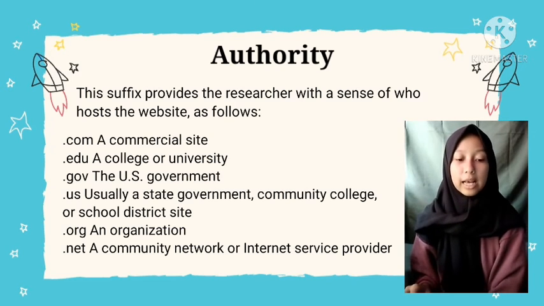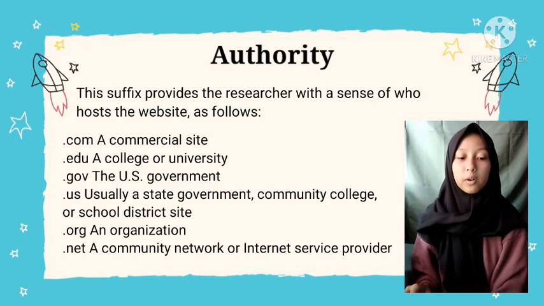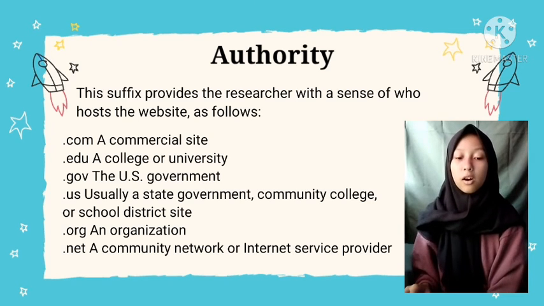Next, .us is usually a state government, community college, or school district site. Next, .org is for an organization, and the last, .net, is for a community network or internet service provider.